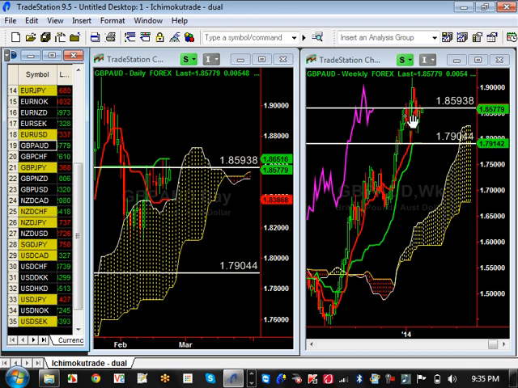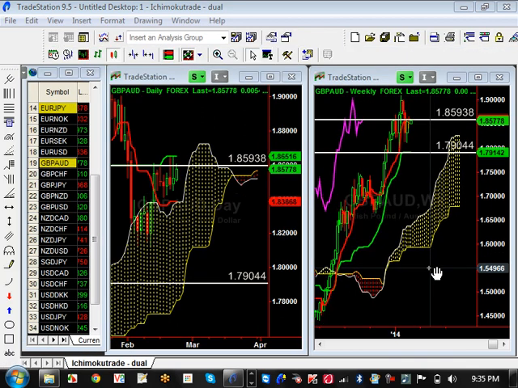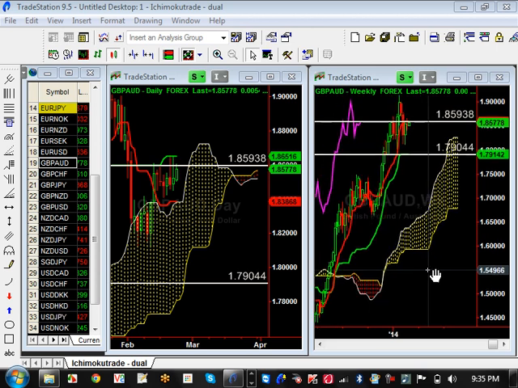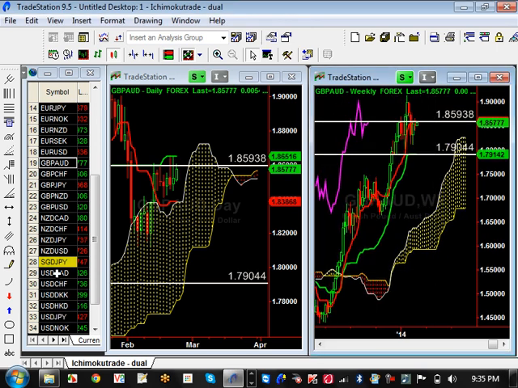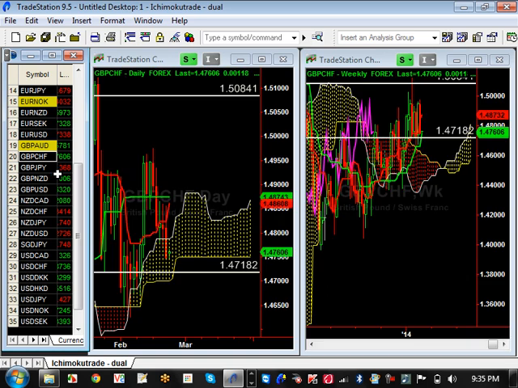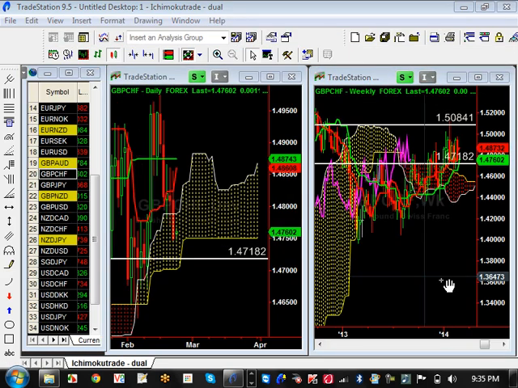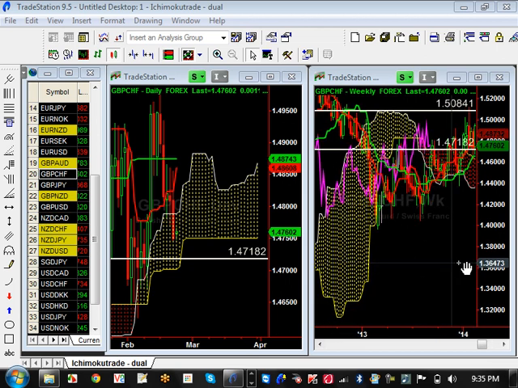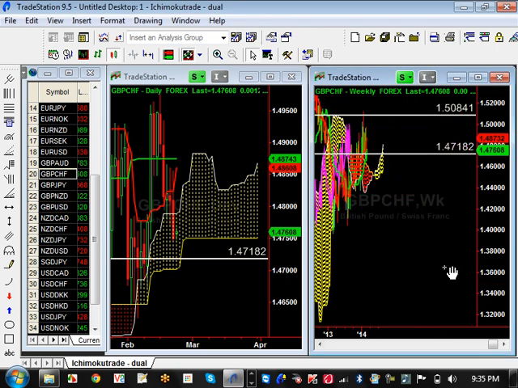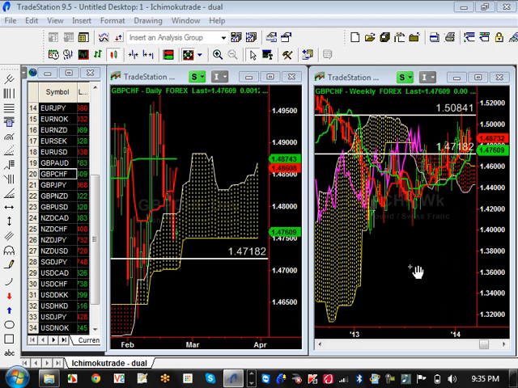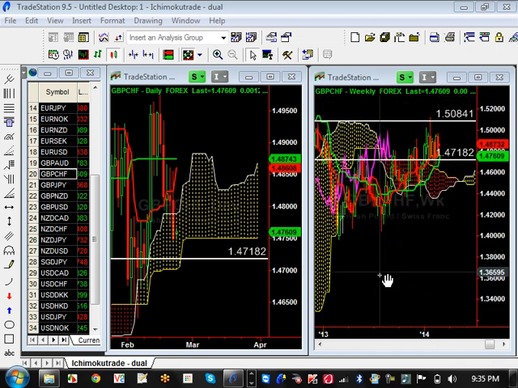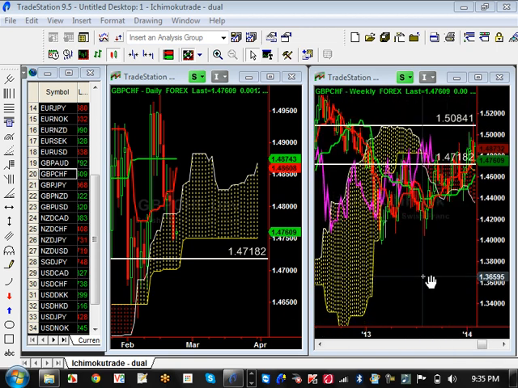Pound USD, bullish trending here. It's kind of stuck between two zones like a lot of currencies right now, between 89.04 and 83.93. Pound Swiss, really nothing exciting going on right now. It's kind of sat there. If you shrink it down, it was in a major trend to the bullish side, pulled back and entered a nasty consolidation pattern.